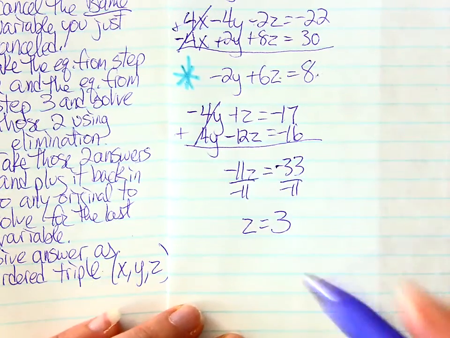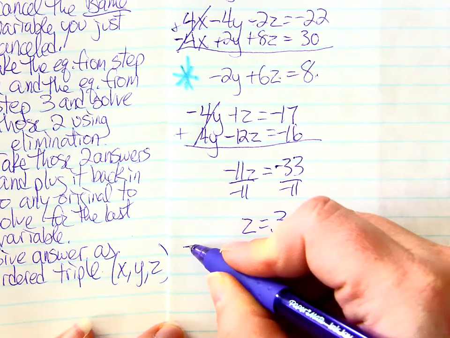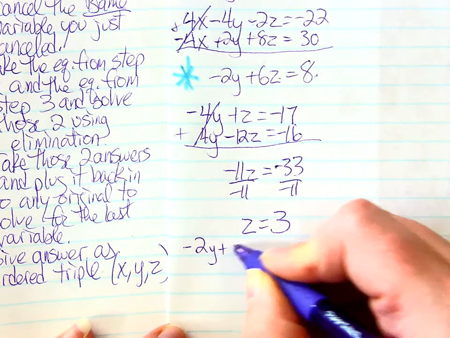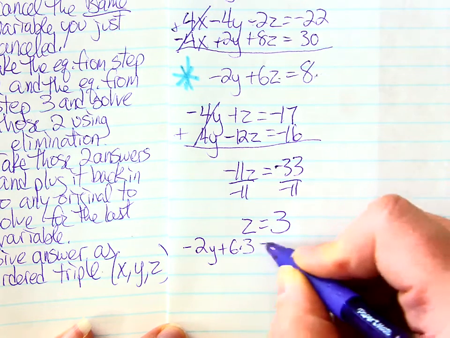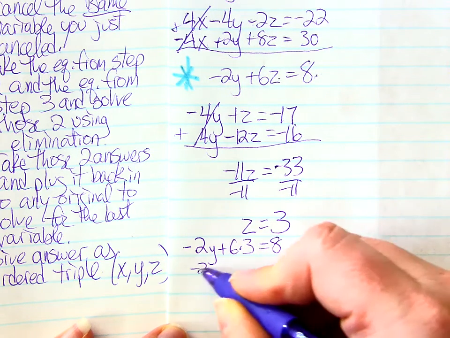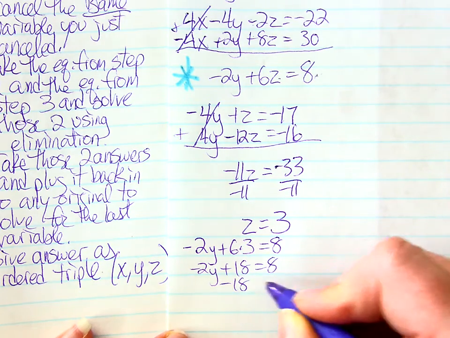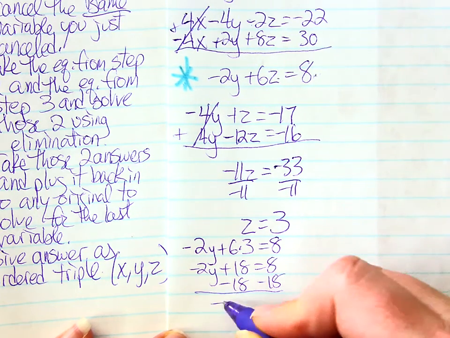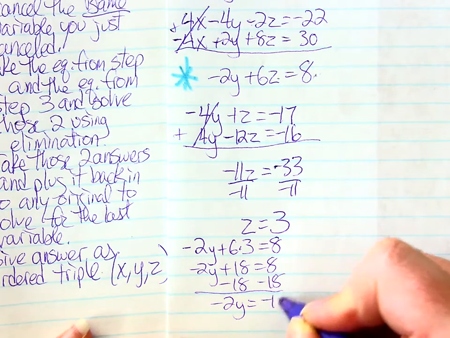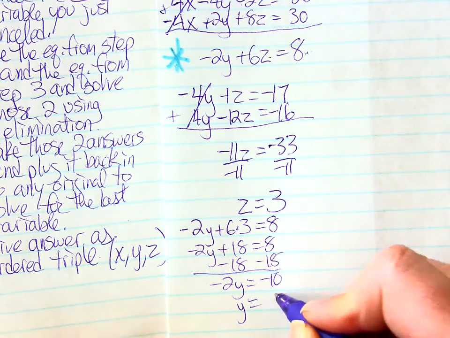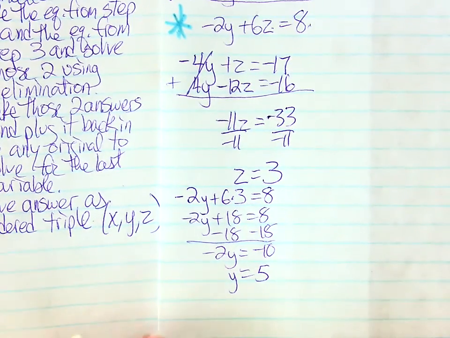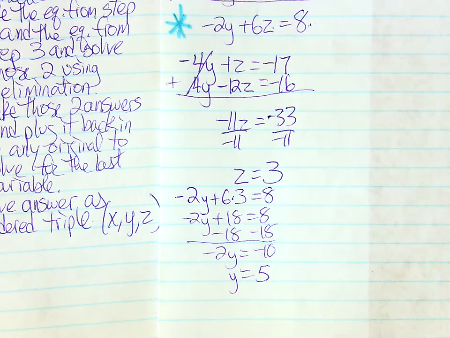So let's take that bottom one and plug in 3 for z. Did we all get 5 for y?